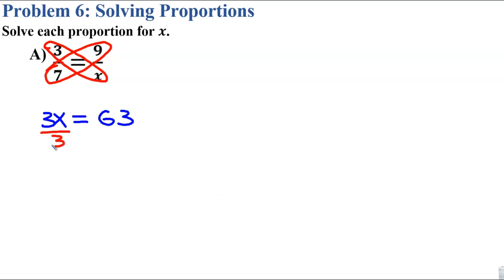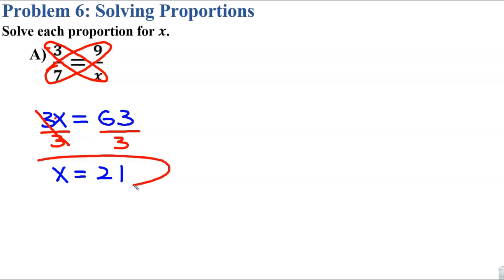We can divide both sides of this equation by 3 to cancel the times 3 on the left. That's going to leave me with x equals 21 for a final answer. So x equals 21 is the solution to the proportion.